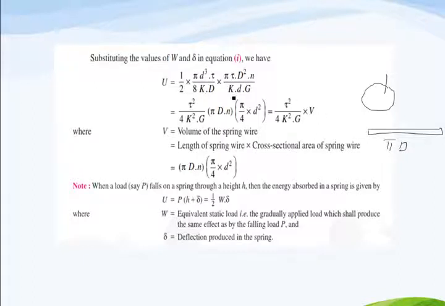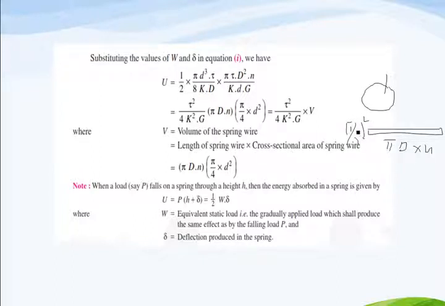This is only one coil; if you take the number of coils, it will be into n. So pi D into n gives the length for the number of coils, and the area of the rod is pi by 4 d square.